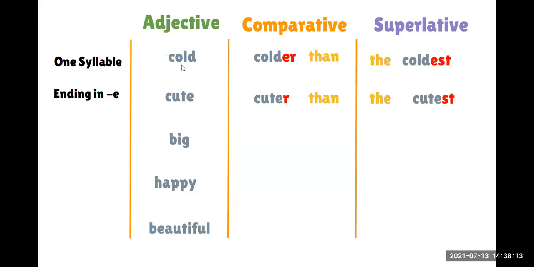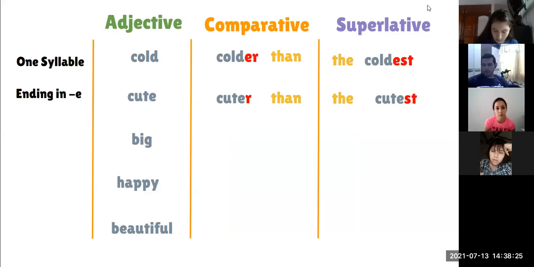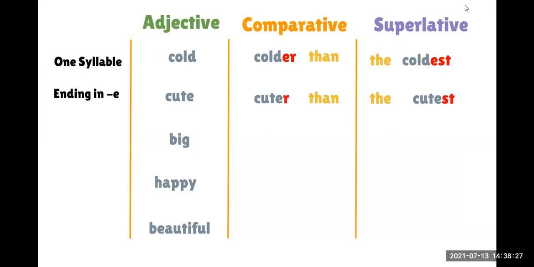Because cold has only one syllable, cute has only one syllable, and this one, what is the difference between big and the others? When you have a vowel and a consonant, you need to add the same consonant again. Double G and ER. Okay, very good.